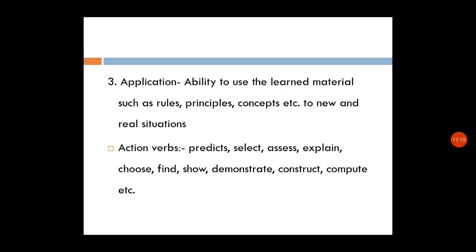The next one is application. Application is the ability to use learned material such as rules, principles, concepts, etc. in new and real situations. So we learned some material, maybe rules, principles, or concepts, and we try to apply them in a new or real situation.